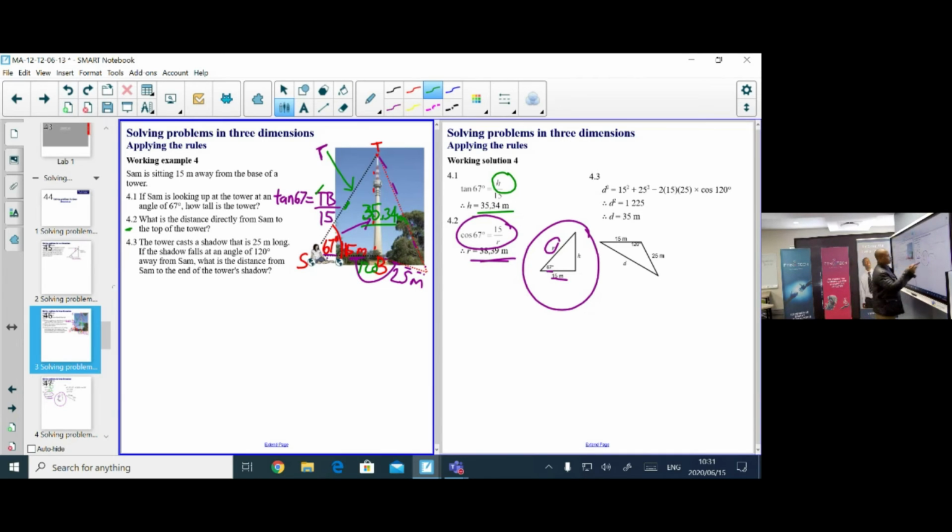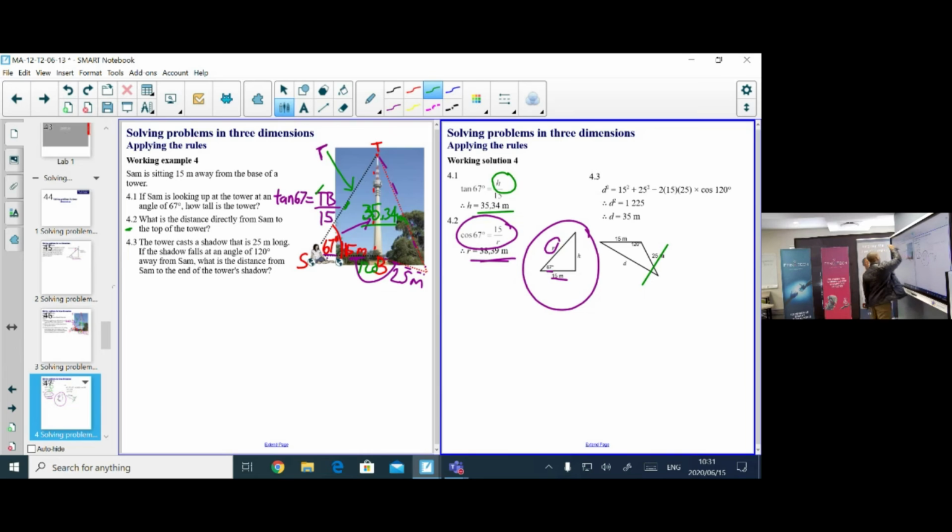So to show it in a more clarified diagram, here is a part diagram showing you the arrangement of SEM, the base, and the tip of the shadow.